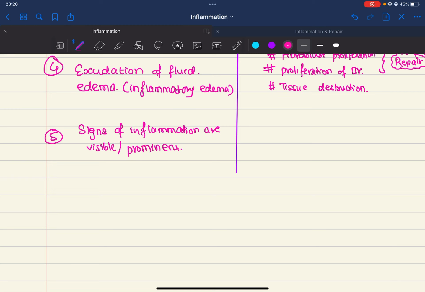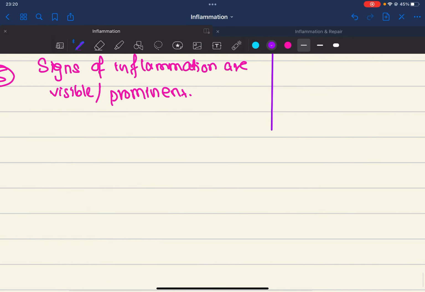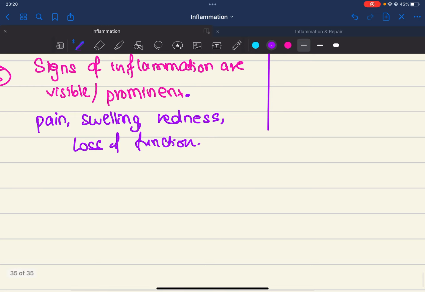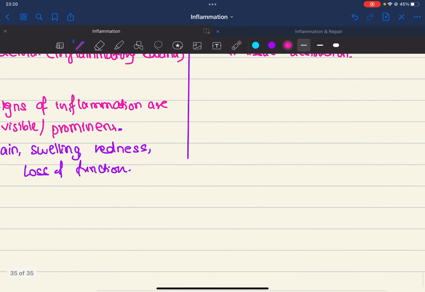We all know the signs of acute inflammation: pain, swelling, redness, and loss of function. But in chronic inflammation, the signs are less prominent.